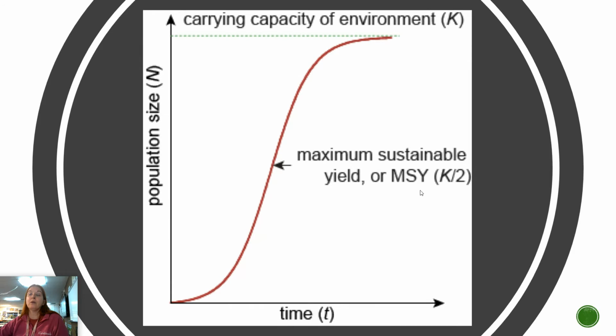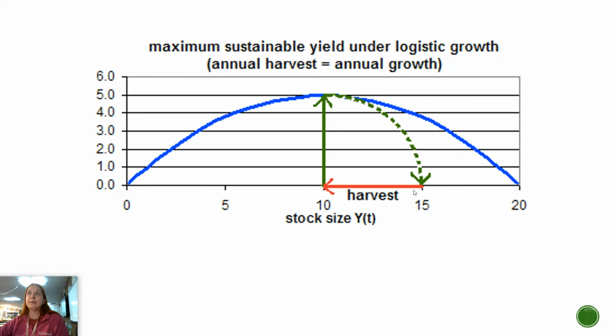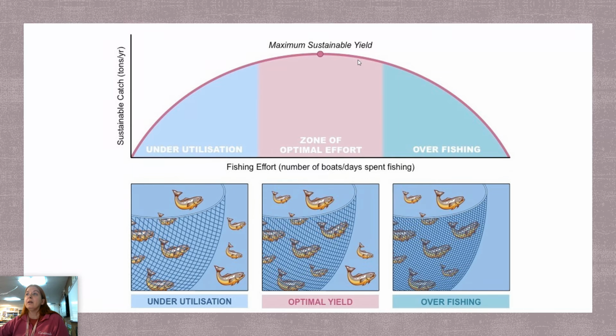So whatever you got, use half of it. If you have like your annual harvest, once again, half of what you can possibly use up. If you're talking about fishing, if you don't do enough, you can use more. Overfishing is bad. Optimal yield, you have this middle area.